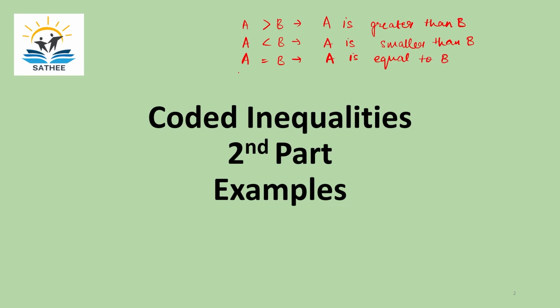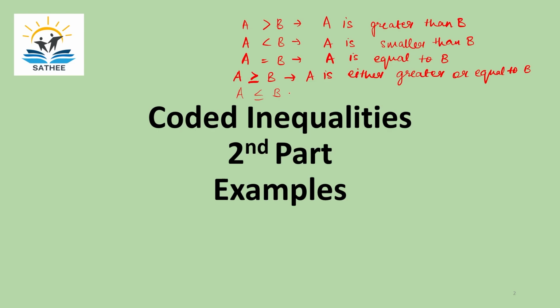correct? Then we have this symbol, which basically means two possibilities. So A is either greater or equal to B. Here we have two possibilities. Then we have this symbol.